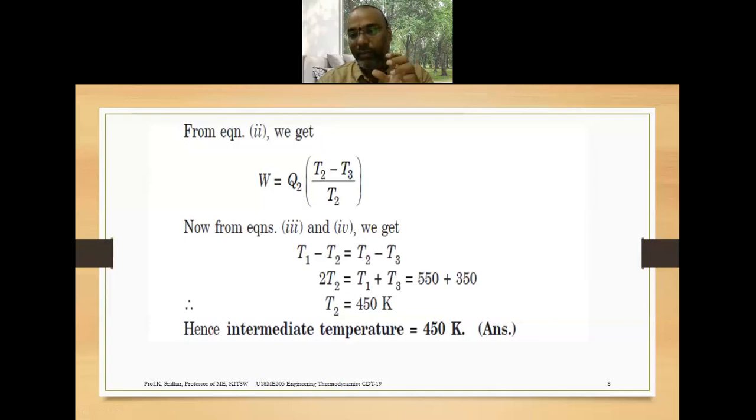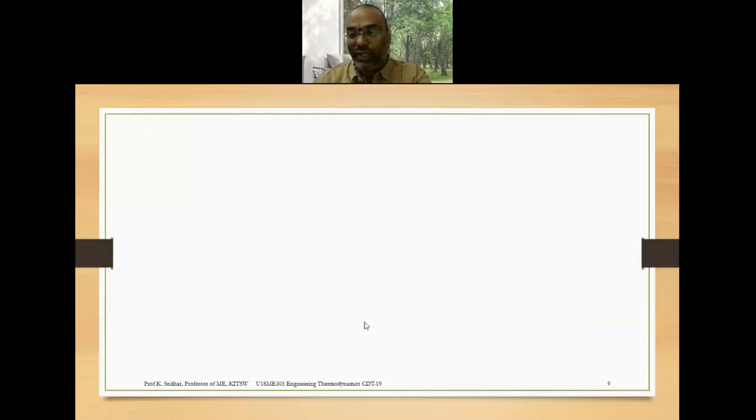Always, the intermediate temperature is equivalent to the arithmetic mean when the heat engines are arranged in series and the work output is the same. That is an important conclusion. So T2 is equivalent to T1 plus T3 by 2, and automatically the intermediate temperature is equivalent to 450 Kelvin.